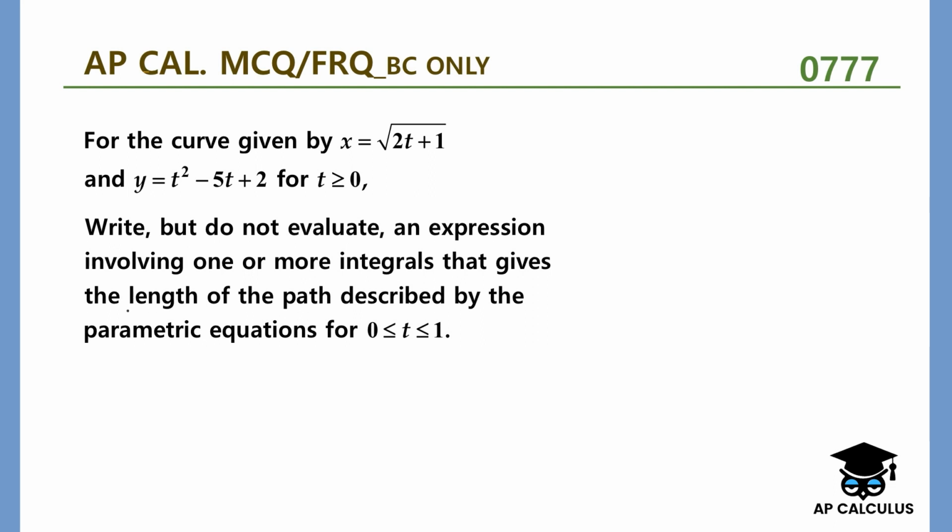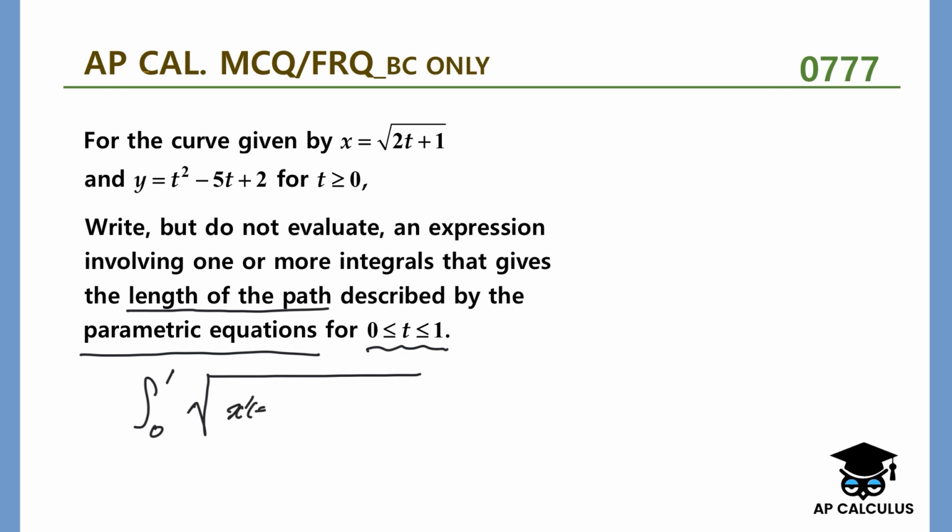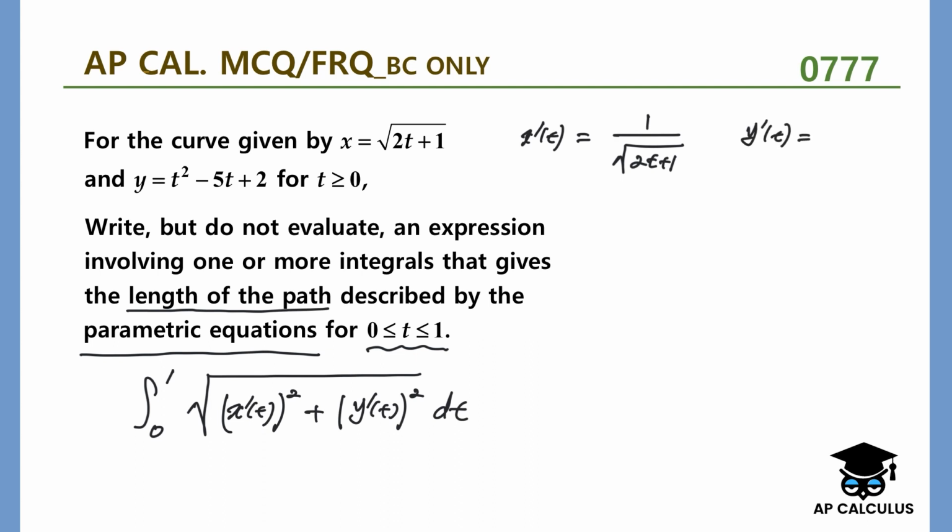Okay, the arc length of the parametric curve is given by the integral from 0 to 1 of square root of x prime of t squared plus y prime of t squared dt, right? Here, x prime of t is equal to 1 over square root of 2t plus 1, and y prime of t is equal to 2t minus 5, right?